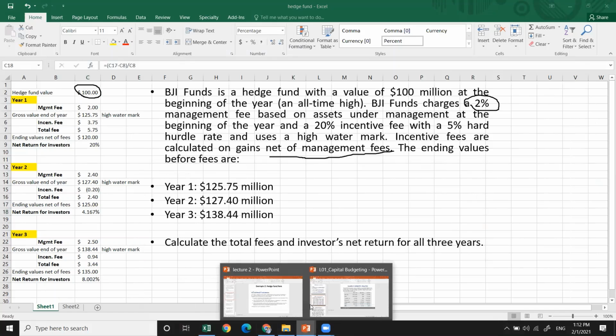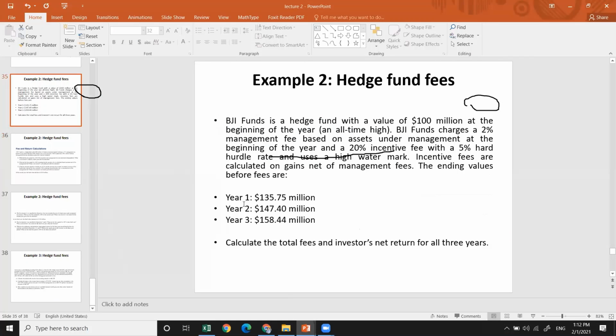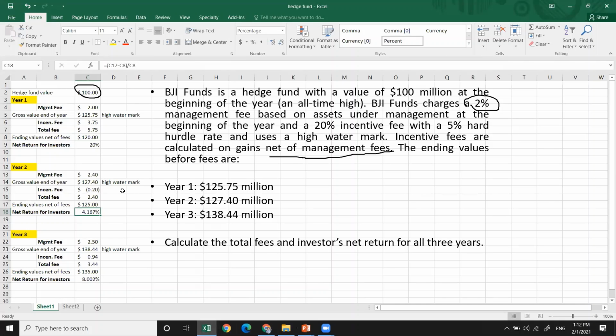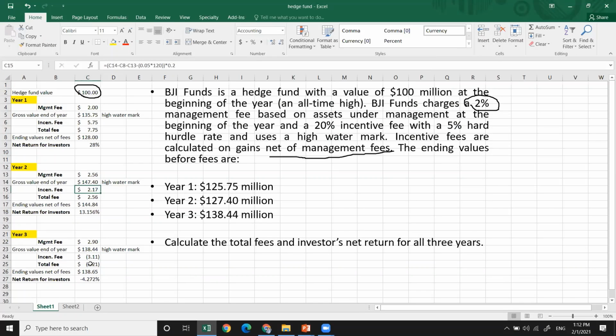The numbers are here that I gave you as an example: 135.75, 147.40, and 158.44.